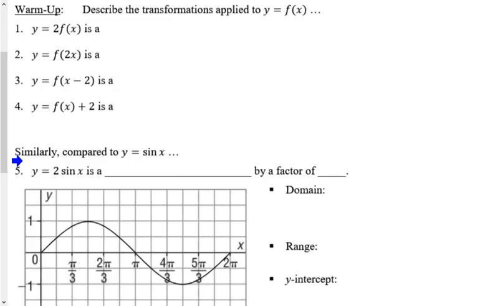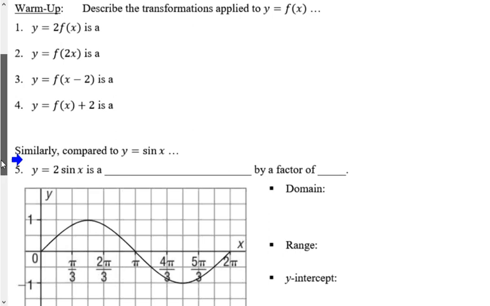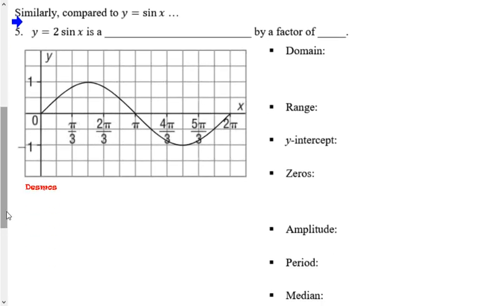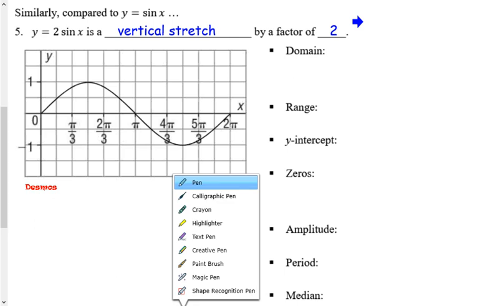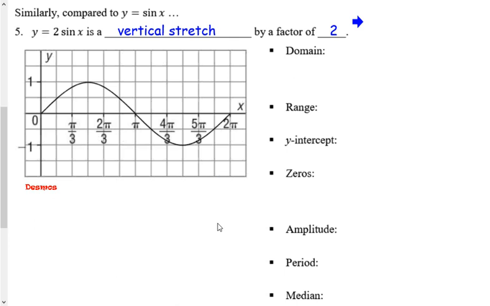So I should run through at least the terminology initially, and then I'll have you fill in some of the details. So first of all, here in our notes, question 5, if I have 2 times sine x, we would say it is a vertical stretch by a factor of 2. And the key feature we want to highlight is amplitude.